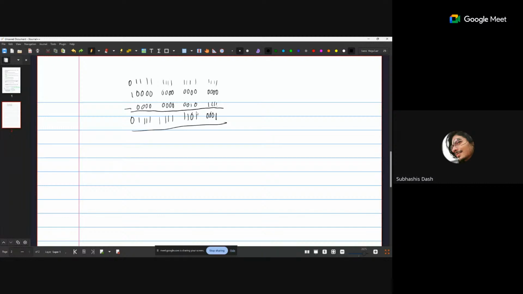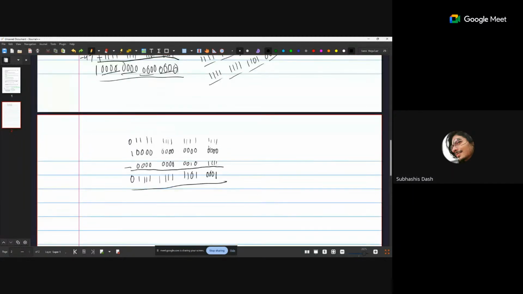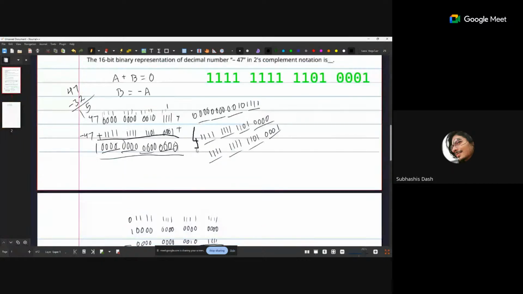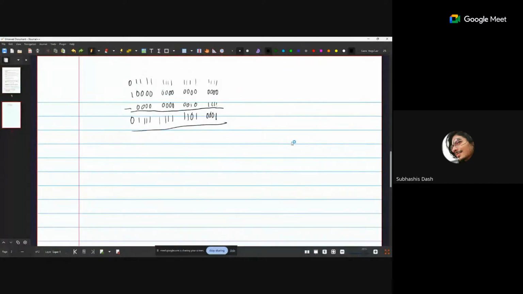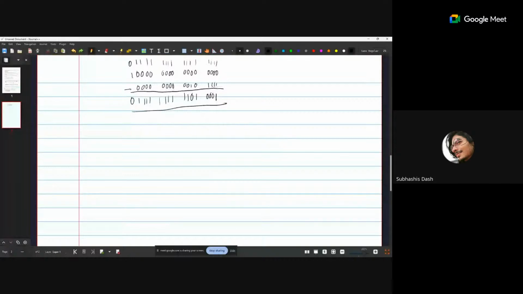So this is essentially how we derived two's complement. But this is a shortcut. I took too much time on that one. So let's just move on to the next question, shall we?